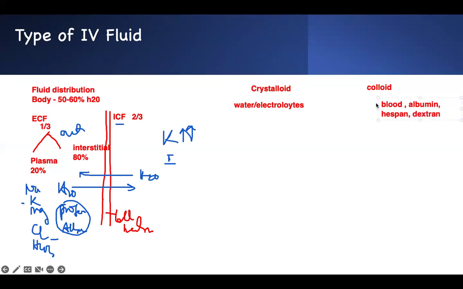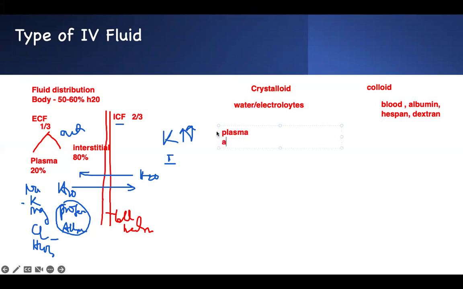They are like expanders: they expand the extracellular fluid, make it bigger, and you can use it in certain situations. The key fact is the crystalloids, which your board may ask you about, right? The different kinds of crystalloid. They distinguish them in relation to the plasma. We name them based on your plasma.